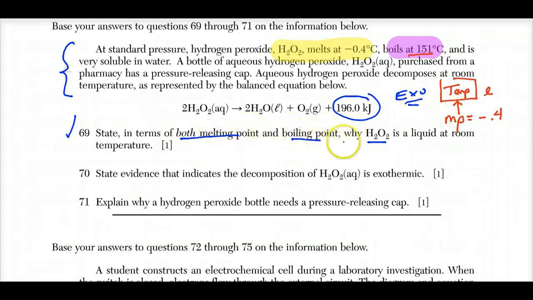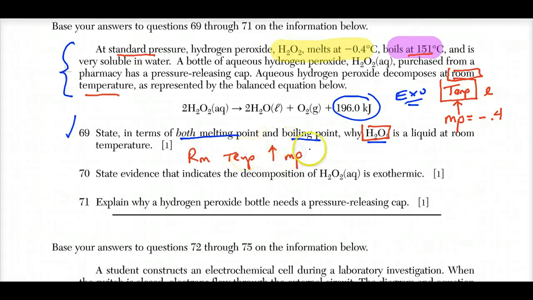So why is it a liquid? Well, the first part is that the current temperature of the room, and they said standard pressure, they gave me a temperature, it decomposes at room temperature. Room temperature is about 20 degrees Celsius, but certainly it's not going to be negative 0.4. So room temperature has to be above the melting point.